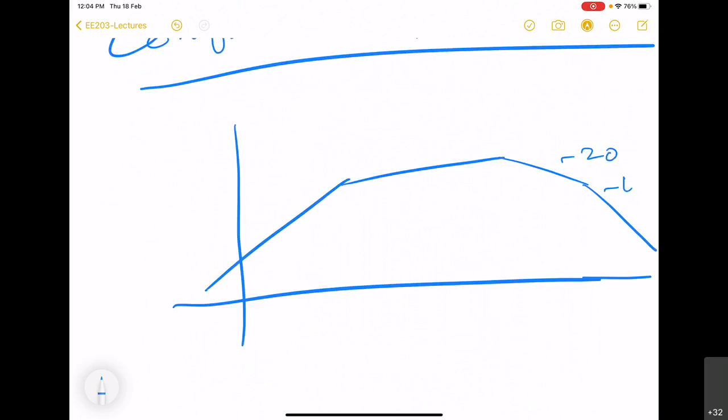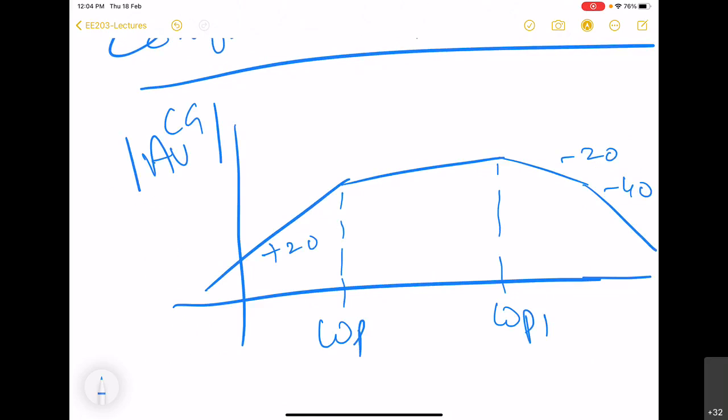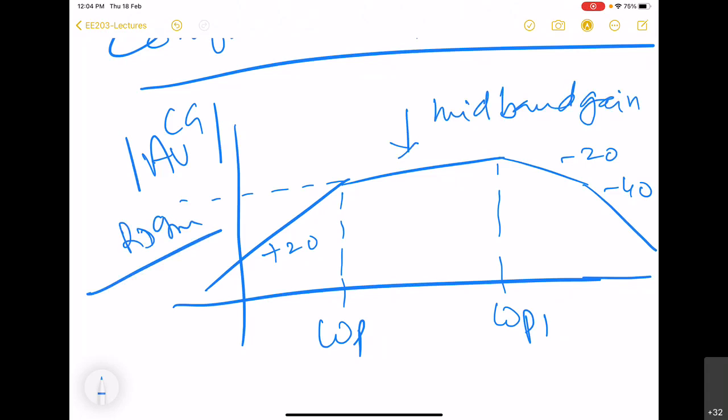So this is minus 20, minus 40, this is plus 20, and here we have omega pole for the low frequency response, and here we have omega P1 from the high frequency response, and this is AV CG magnitude. This mid-band gain, we saw, will be equal to RD Gm divided by Rs Gm plus 1.